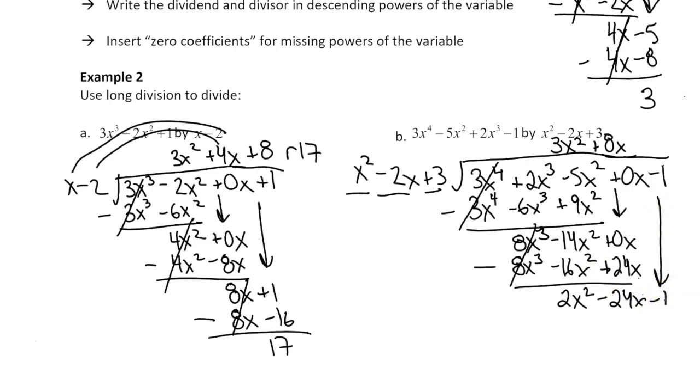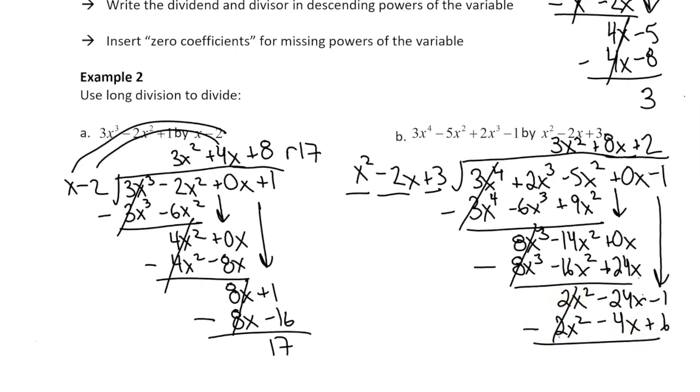And you'd say x squared times blank equals 2x squared. So you'd say plus 2, 2x squared. And then you'd say negative 2x times 2 is negative 4x, and 3 times 2 is 6.